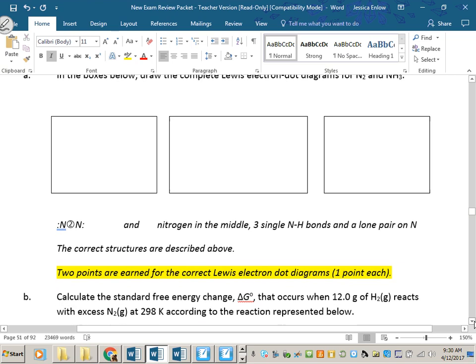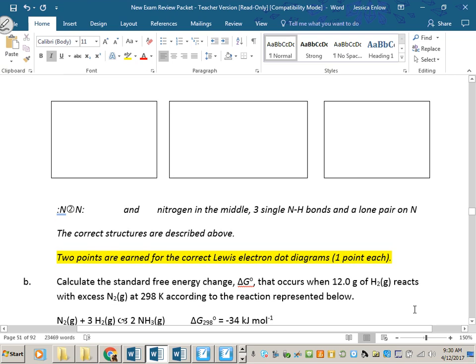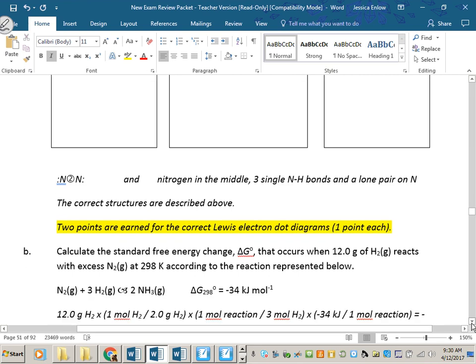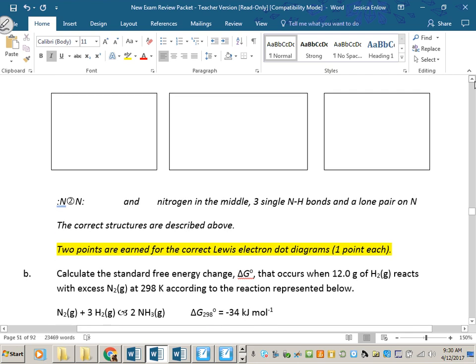There's our structures. Okay. So calculate delta G. When 12 grams of hydrogen reacts with excess nitrogen according to the reaction here, how would you calculate delta G there? Okay. When 12 grams of hydrogen react, how would you calculate delta G?